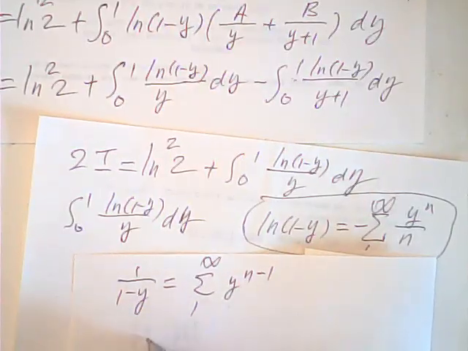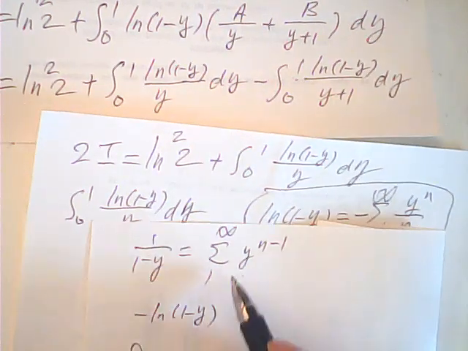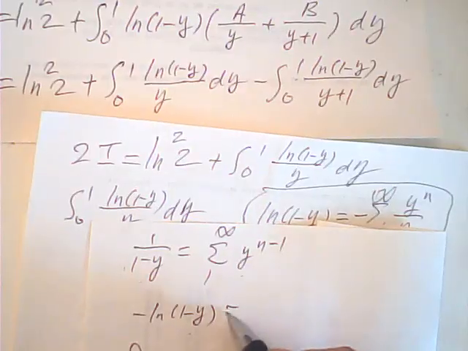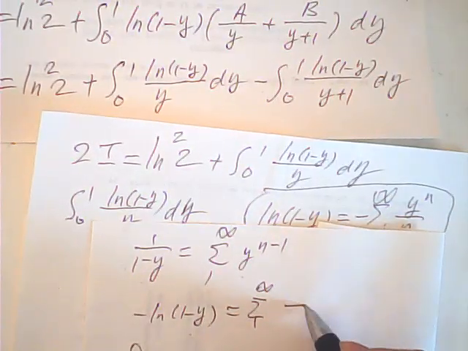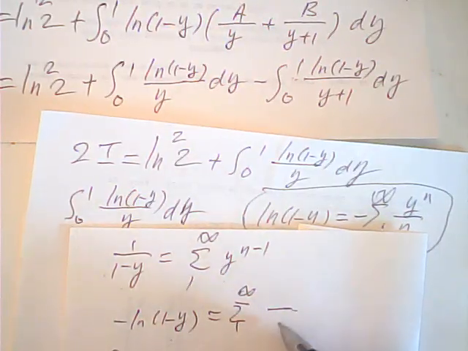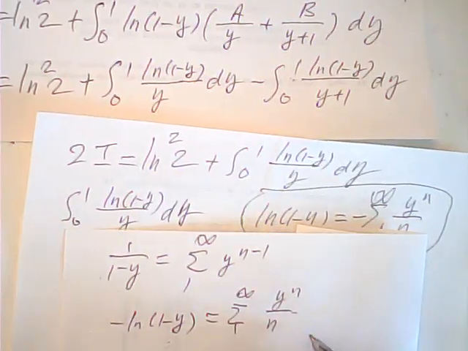Then integrate both sides. This is negative log of 1 minus y. The integral of this one with respect to y is equal to y^(n+1) over n+1.